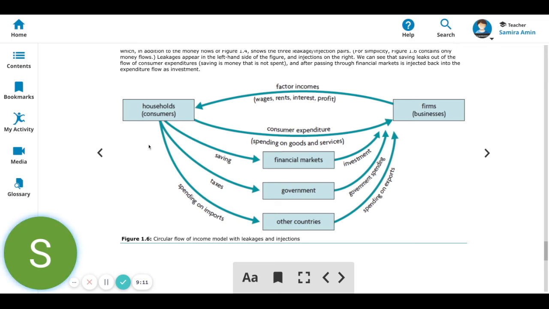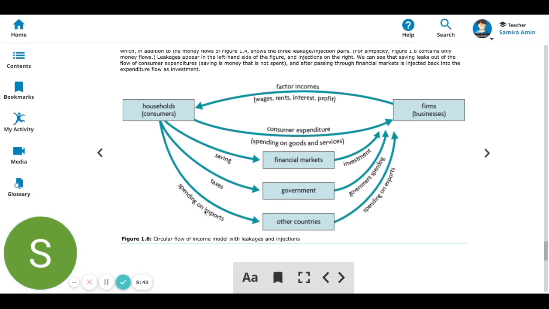And in the same way, when you have trade, right, with foreign countries, so if the country's households are spending on imports, okay, so the money is actually going to those other countries. Just like in these two cases, the money is going to the banks and the money is going to the government. In the same way, the money is going to other countries, and it's when they actually export goods to us that there will be an injection into the circular flow of the economy.